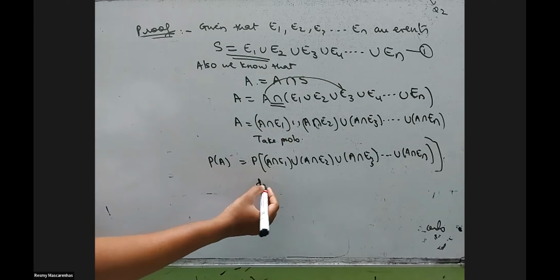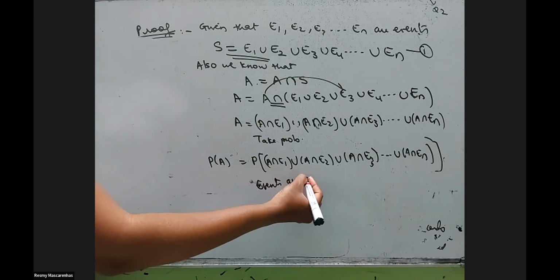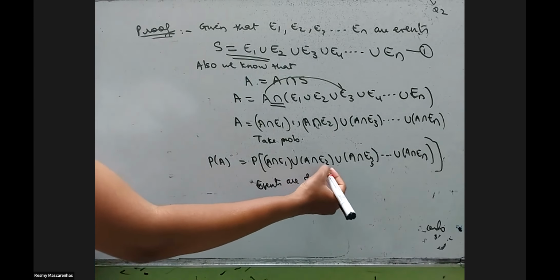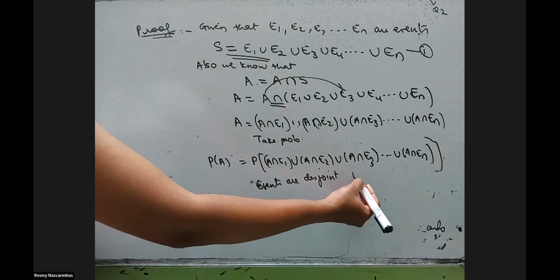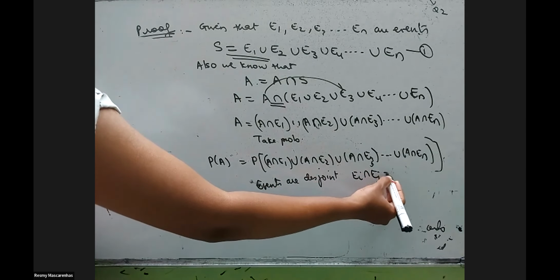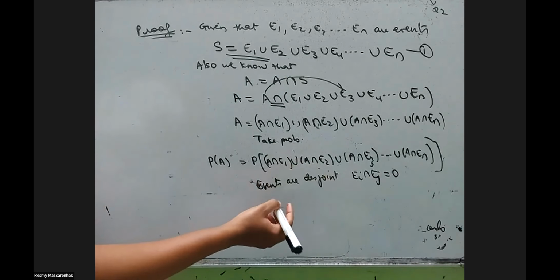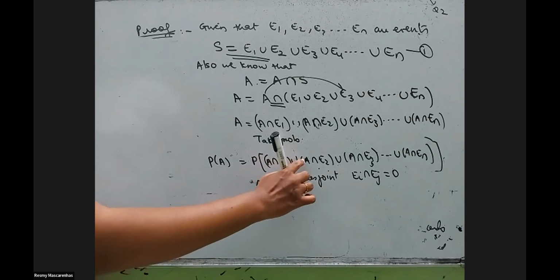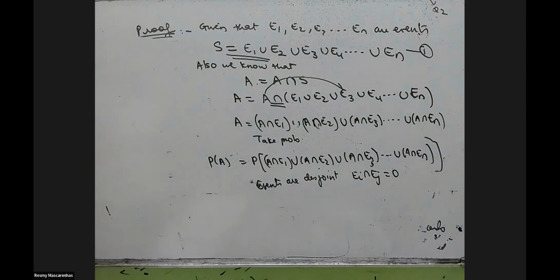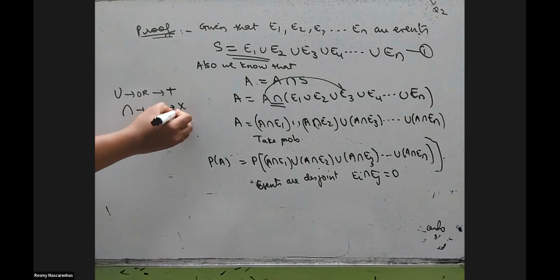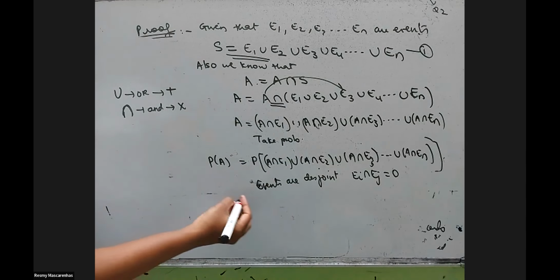Second, you know that they are disjoint. Three conditions I told you. Disjoint means you know that P of Ei intersection Ej is 0. So they have nothing to do with the other ones. So union I can directly put as a plus sign. Union means or, which is always plus. Intersection means and, which is always multiplication. So instead of U, I put plus.